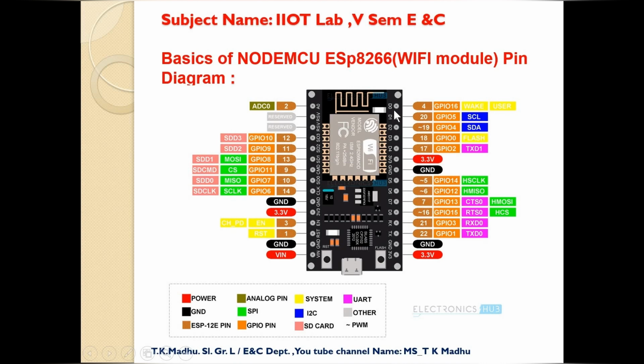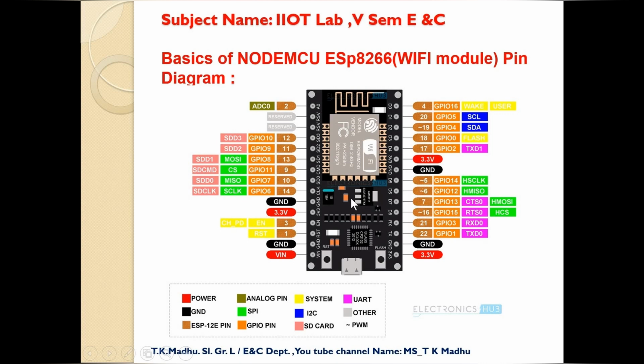With the help of these digital pins, we can make them input port or output port, and we can write the program for the particular application. Coming to the analog pin, here we have only one analog pin, that is A0. Whereas in Arduino we have many analog pins, here in NodeMCU we have only one analog pin.